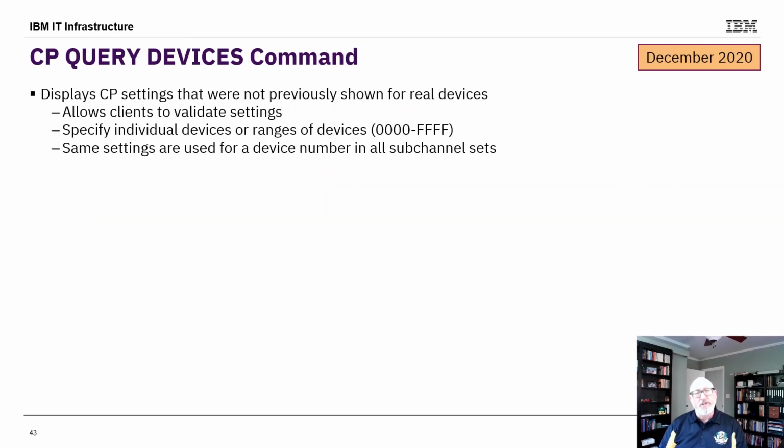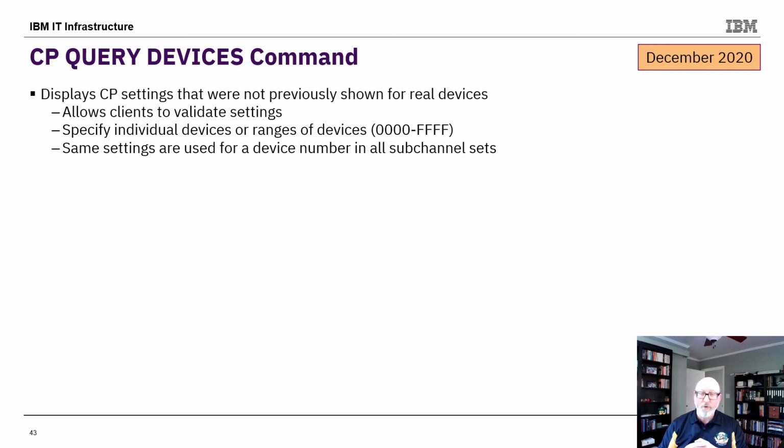So CP QUERY DEVICE is a new command that we introduced back in December of 2020 for 7.2, driven by customer requirements, obviously. This is interesting in a couple ways. One, it addressed the problem of we give you multiple ways of dealing with devices and configuring them dynamically. But in some cases, we didn't give you a way to check as to what the settings were, right?